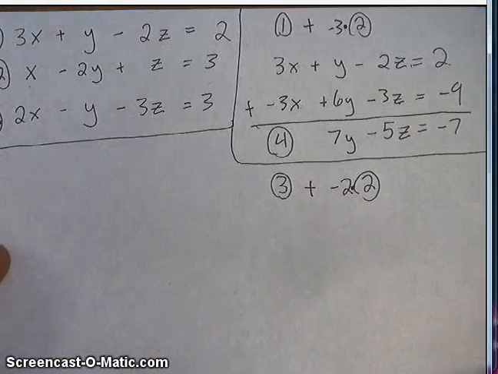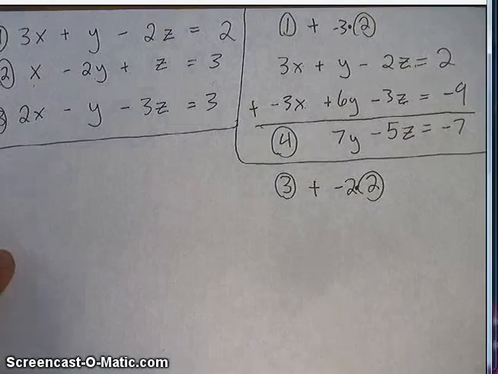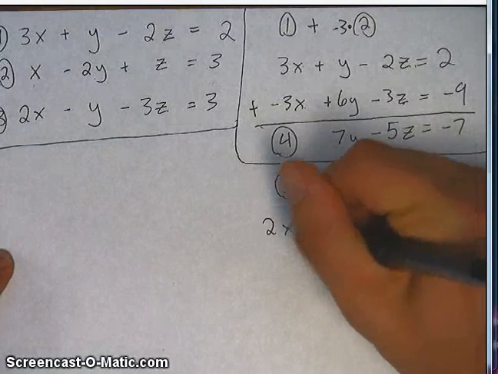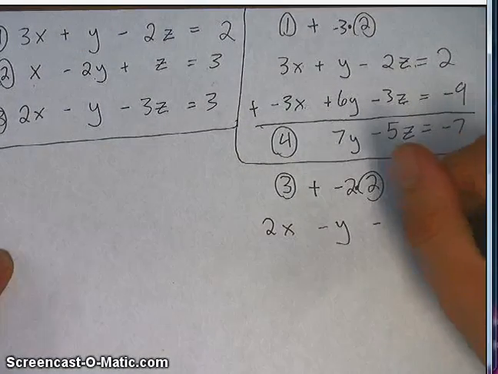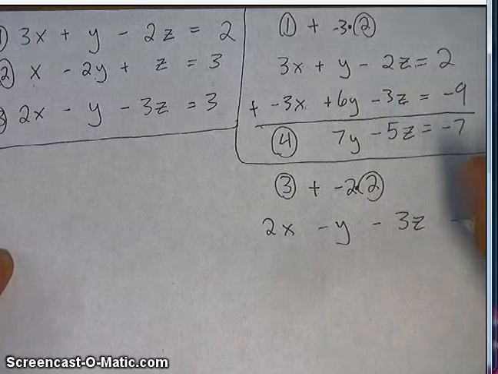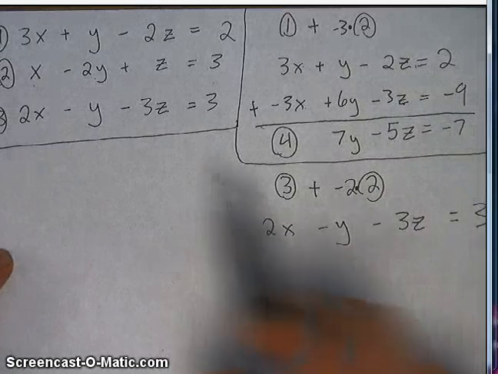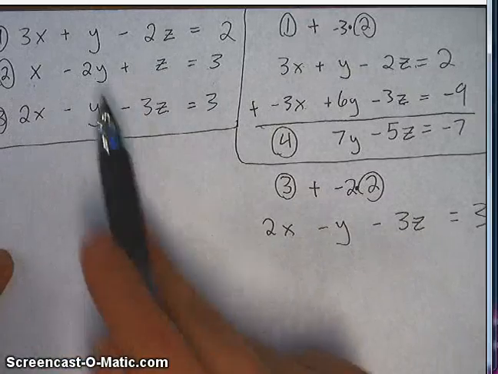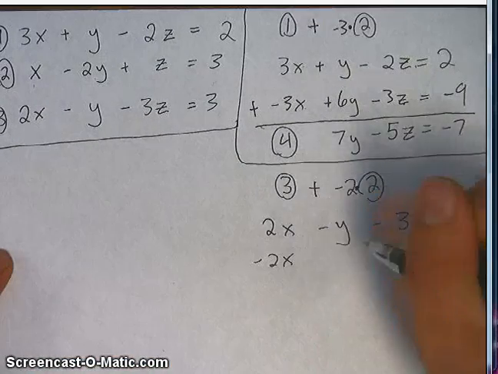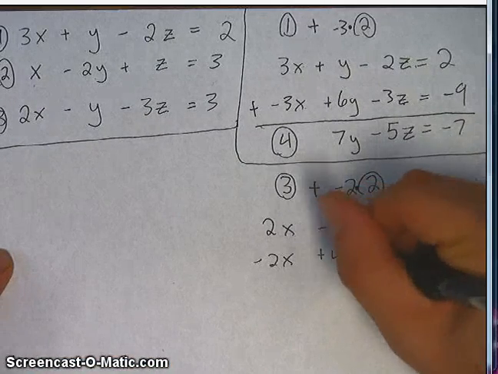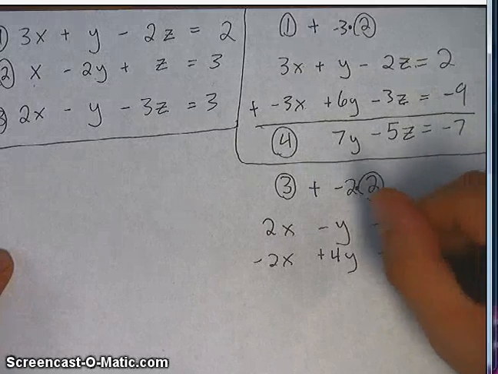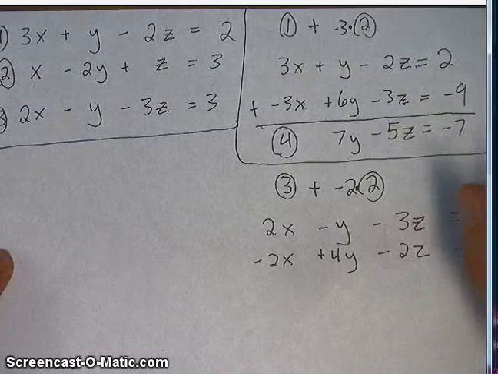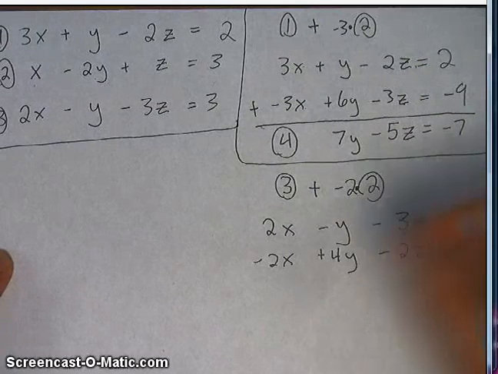All right, so let's copy down equation number 3, which is 2x minus y minus 3z equals 3. And let's copy down equation 2, except I'm going to multiply negative 2 throughout to make that negative 2x plus 4y minus 2z equals negative 6.